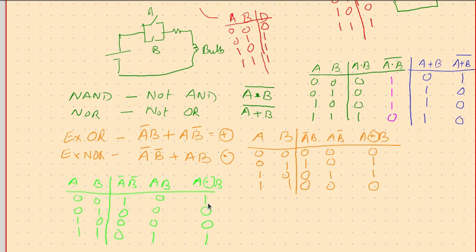Whenever you are trying to compare two inputs, if they are same or not, then XOR and XNOR come to our aid. You want a similarity check, go for XNOR. If you want a dissimilarity check, then go for XOR.